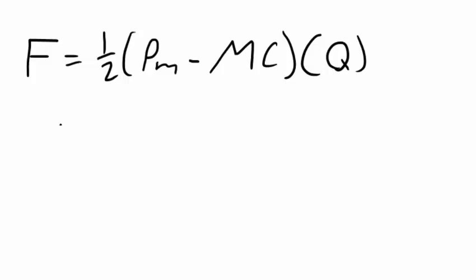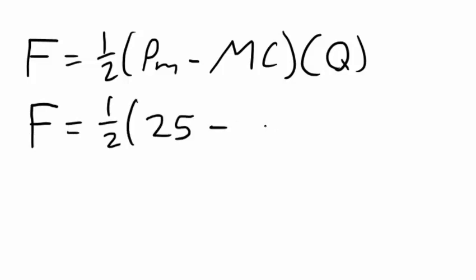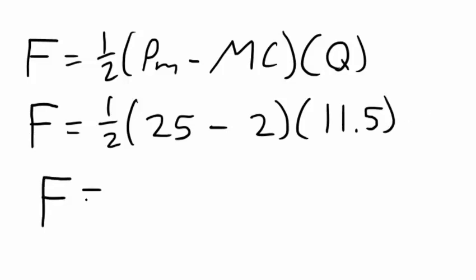And we know all three terms, so we can substitute things in. So we have F equals 1/2 times the quantity of 25 minus 2, and then that thing is multiplied by 11.5.